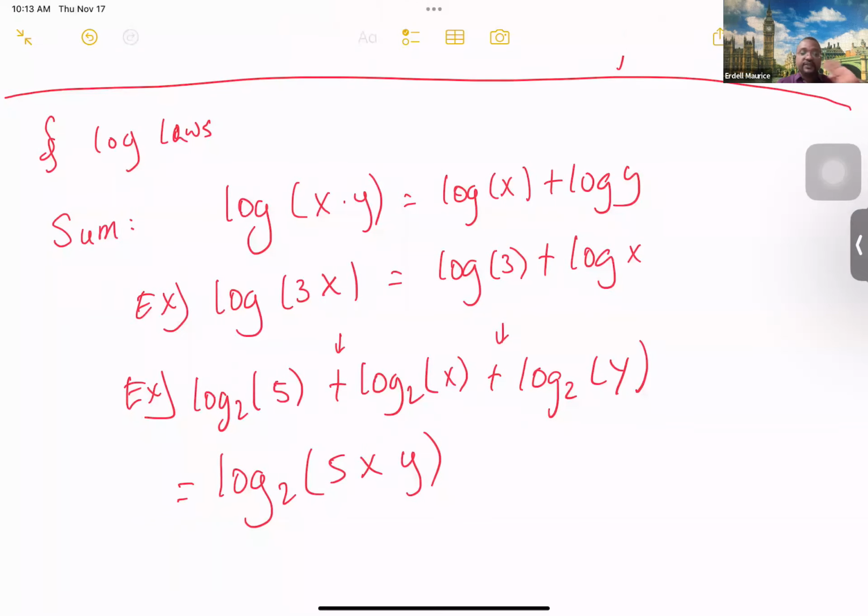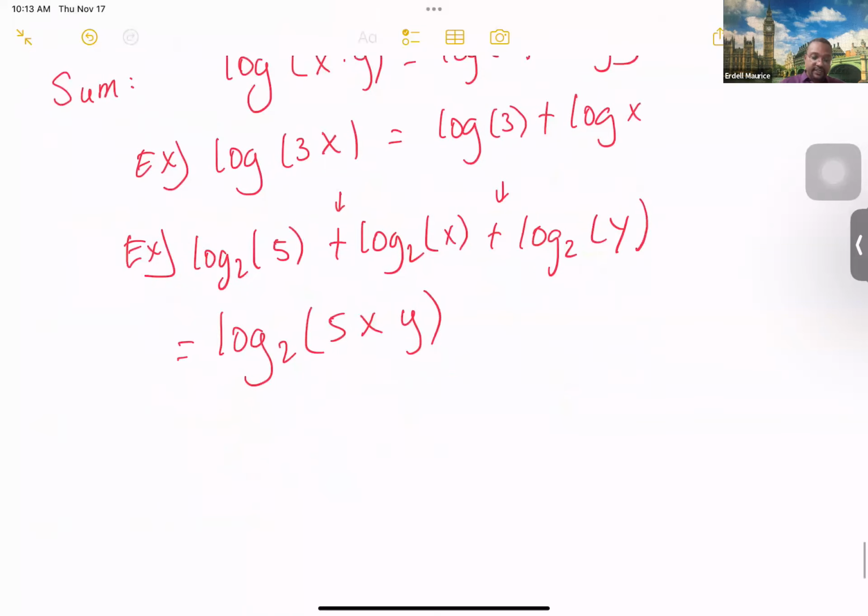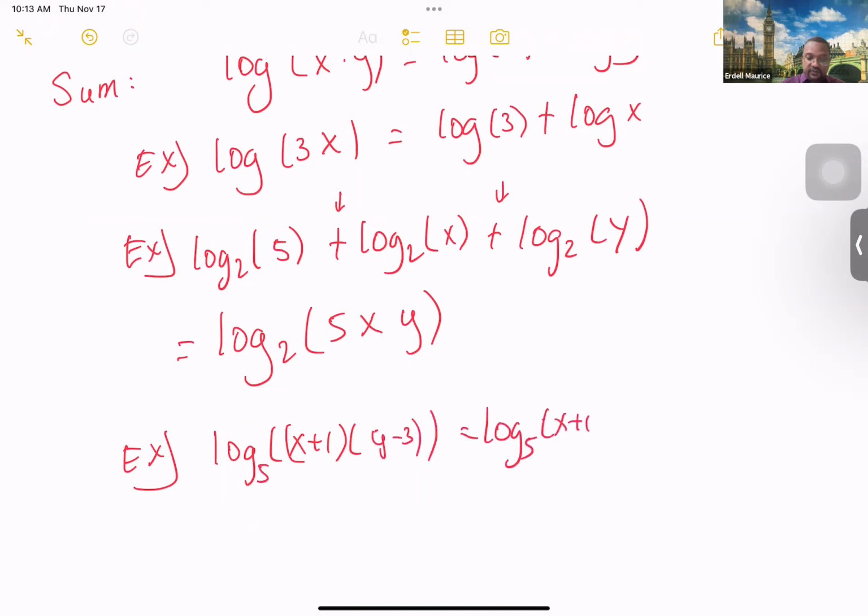I normally memorize it one way and then just know that the other way is just reversing the property. Another example, if I have log base 5 of x plus 1 multiplied by, say, y minus 3, it's going to be log base 5 of x plus 1 plus log base 5 of y minus 3.